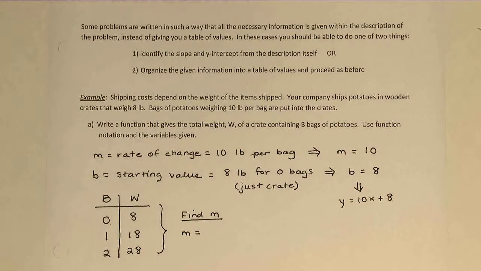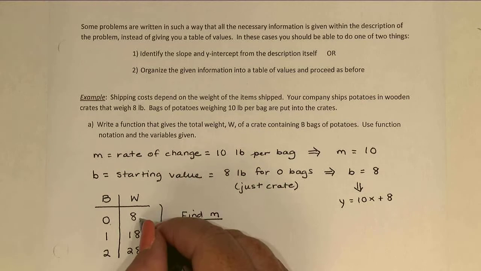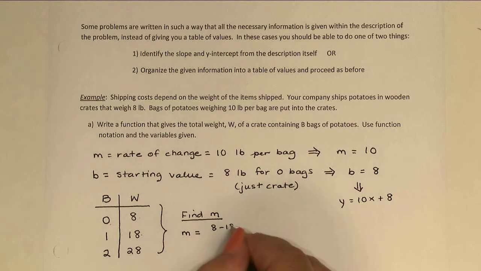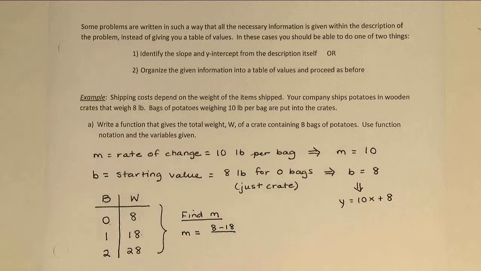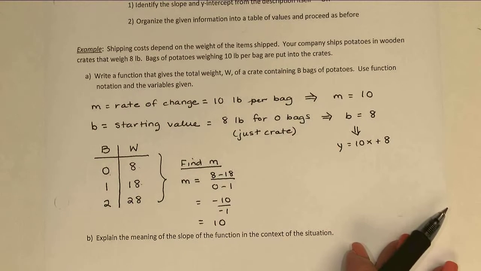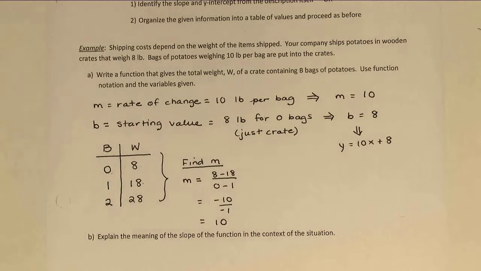To find m, I will take the difference in the y values, 8 minus 18, over 0 minus 1, which gives me negative 10 divided by negative 1, which is a slope of 10. Notice exactly what we predicted from the language.